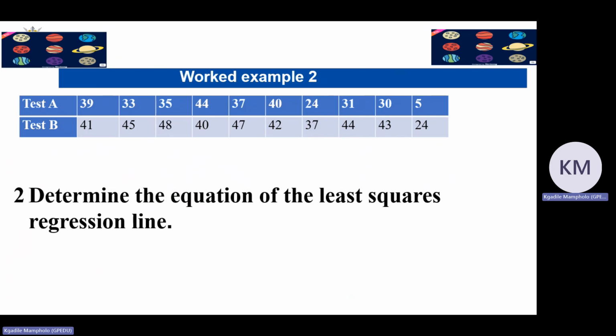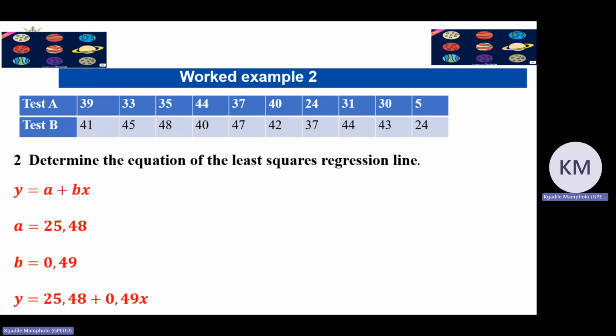So second question, determine the equation of the least squares regression line. So this equation will determine the least squares regression line. Let's find the equation first. You know the method by using the calculator. You press mode, option 2, up option 2, and you enter the data scores.